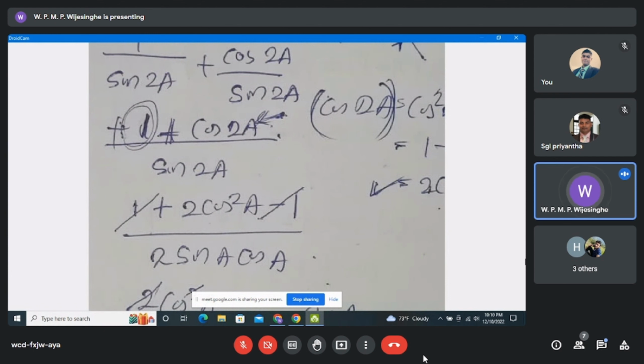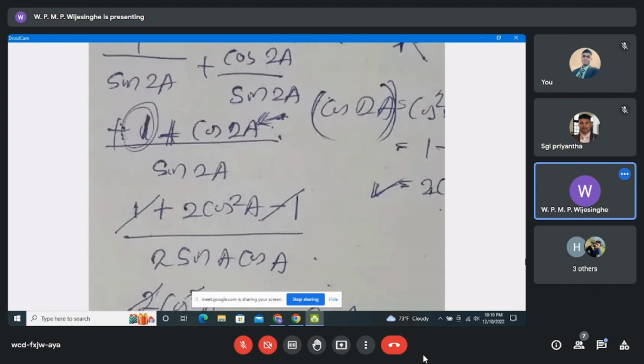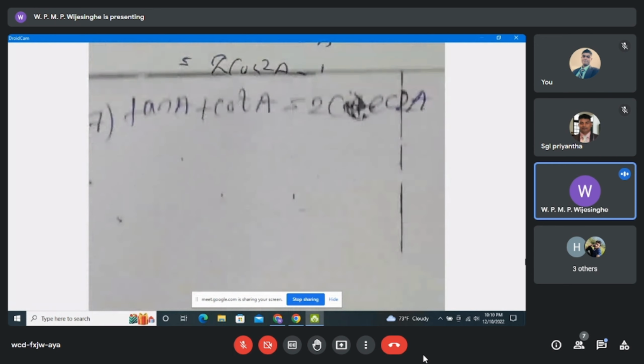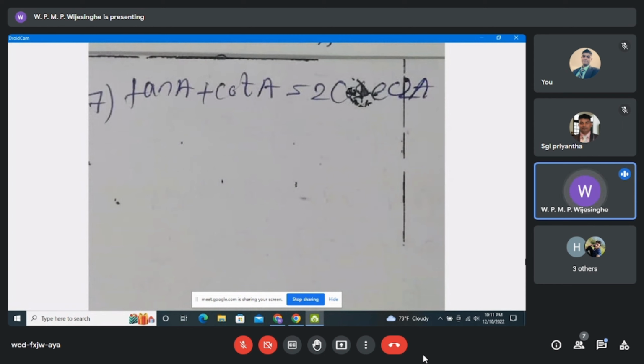Right? Let's move to the 7. Tan A plus cot A is equal to 2 cosec 2A.